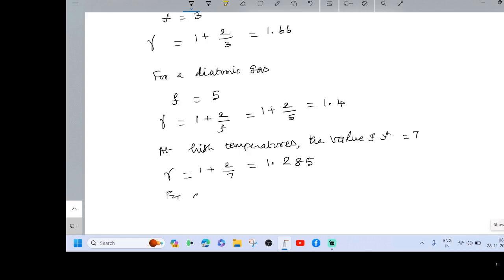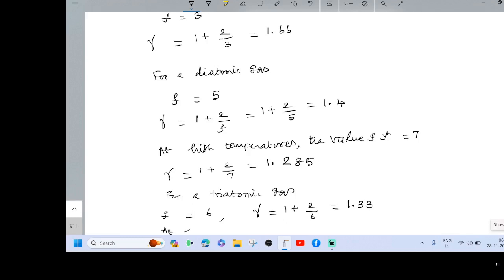For a triatomic gas, degrees of freedom F is equal to 6. Therefore, gamma equals 1 plus 2 by 6. 2 by 6 equals 0.33, so gamma is 1.33.